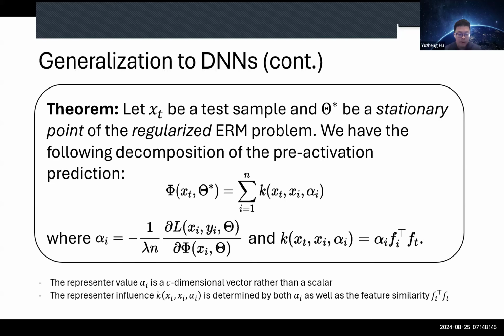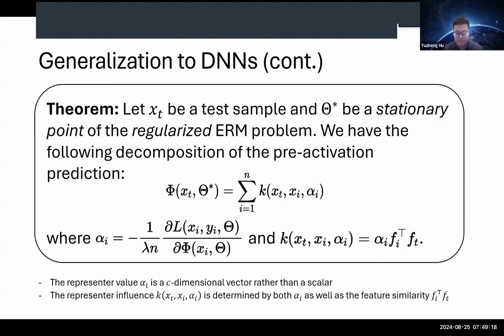And also the representative influence. This is what we refer to as k(xt, xi, alpha_i). We refer to it as the representative influence of each sample xi. We say that it's determined by both this representative value alpha_i as well as the feature similarity fi. Recall that this fi is just the penultimate layer feature for each sample, so it only concerns xi, but it does not really concern their labels.